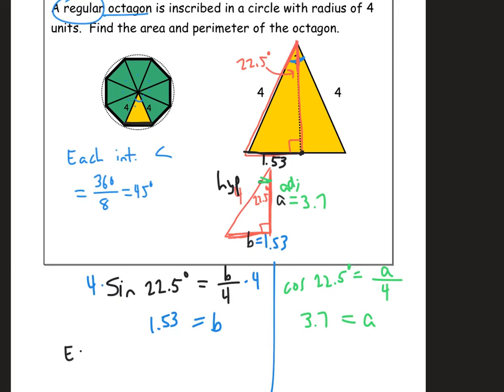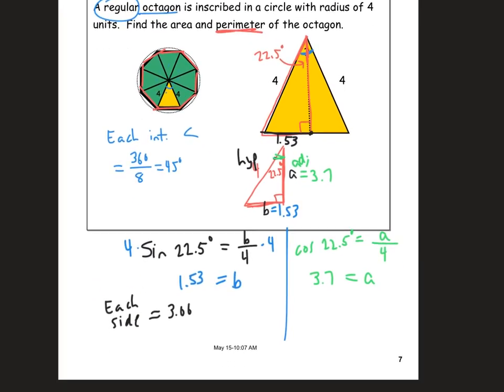Each side of the octagon is approximately 3.06. I need that because the question also asks for the perimeter of the octagon, which is just the side lengths added up. We have 8 sides, so the perimeter is 3.06 times 8.